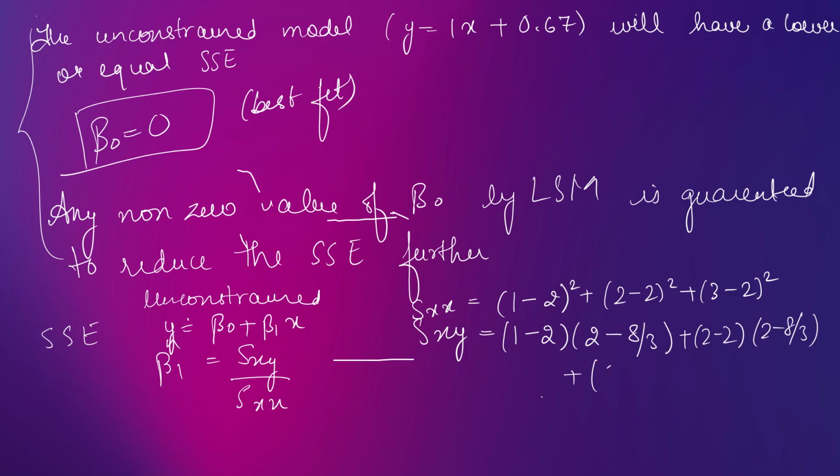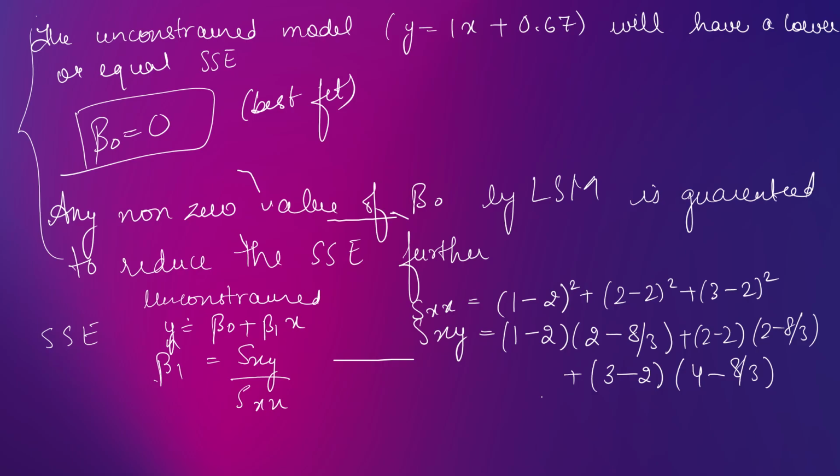Then the next value will be 3 minus x bar, 4 minus y bar. So you'll get your Sxy. On cancelling further, you'll get your beta 1 bar. Then for beta naught, you apply the same formula, y bar minus beta 1 x bar, and you get your beta naught.